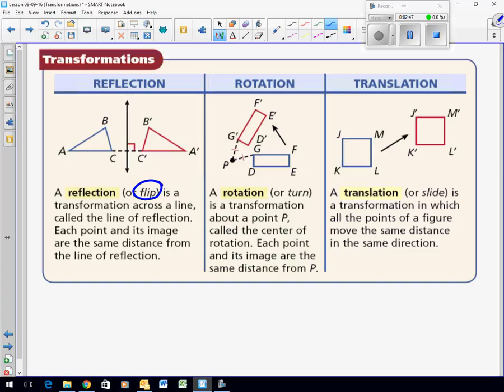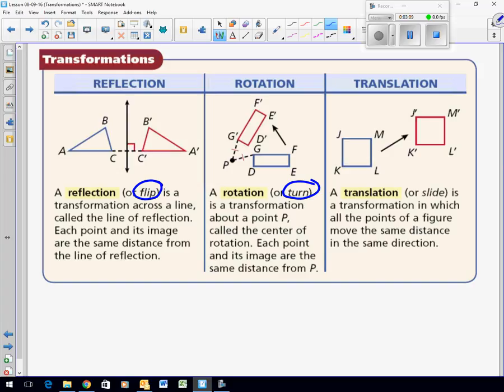Rotation is a turn about a point P called the center of rotation. Each point and its image are the same distance from point P. So the center of rotation, if you will, is where the hinge of the rotation occurs.